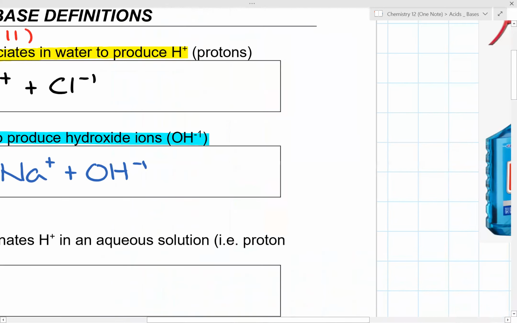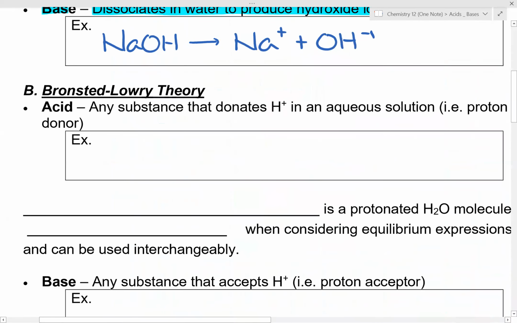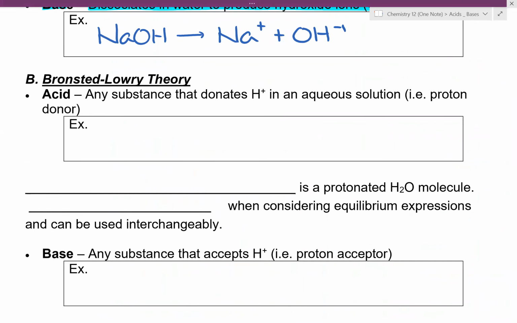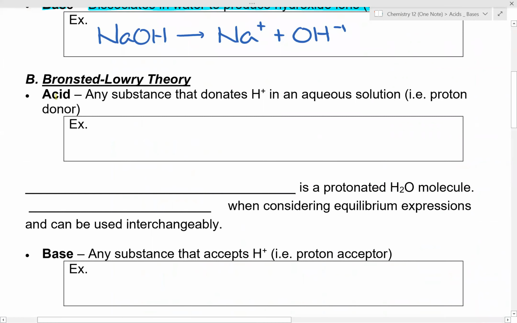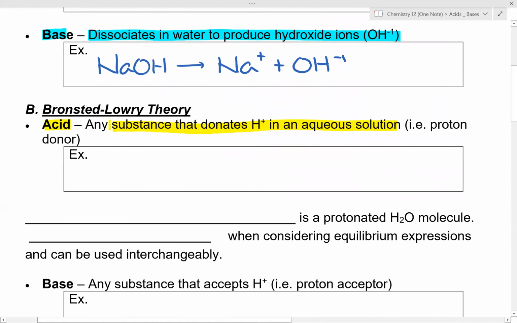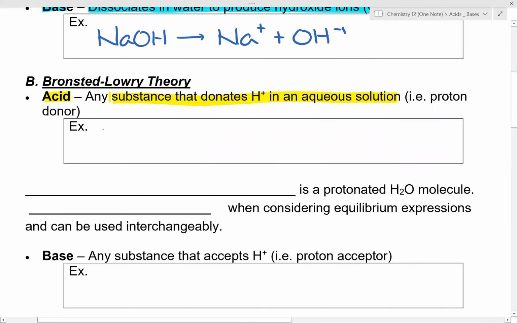This is what we're going to be focusing on in Chemistry 12: the Bronsted-Lowry theory. Here, an acid is any substance that donates a proton in an aqueous solution. Please make sure you know the difference between dissociates and donates. So in this particular case, let's say we use HCl.